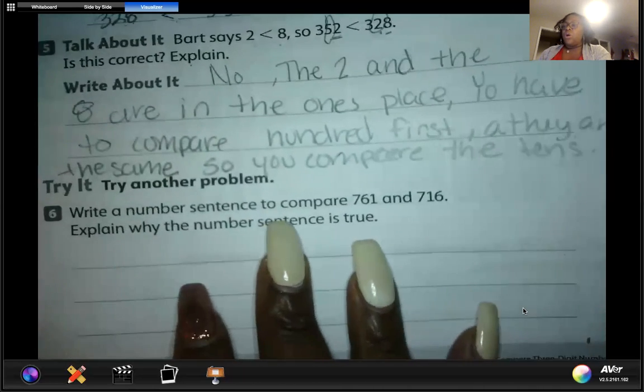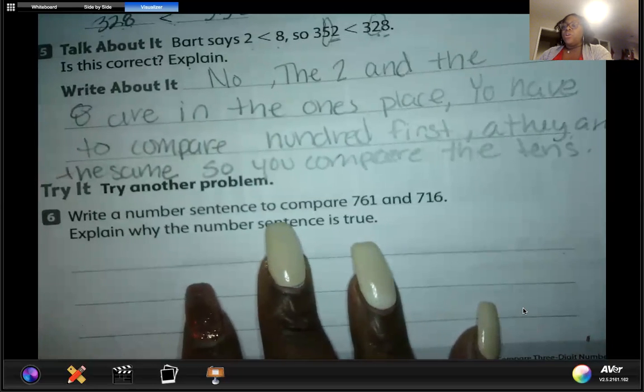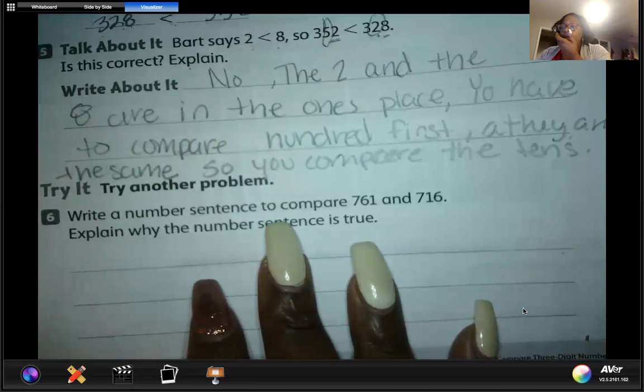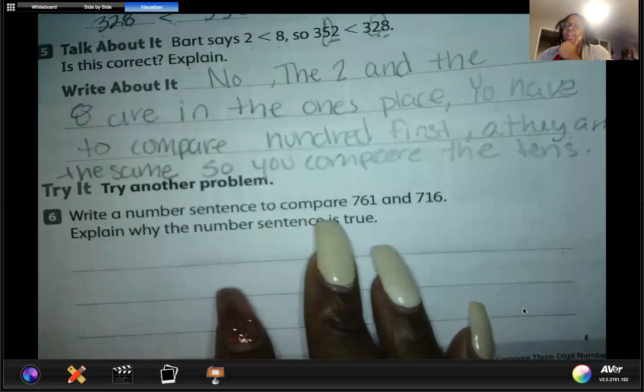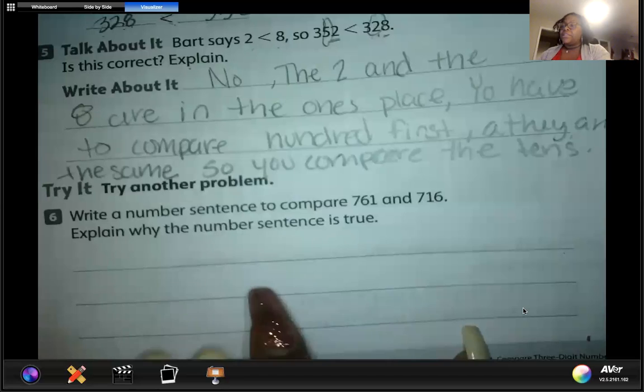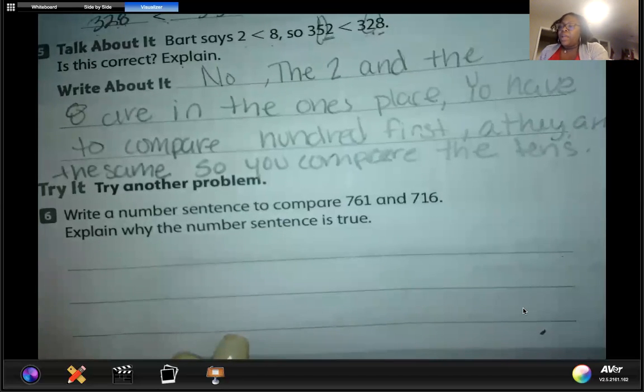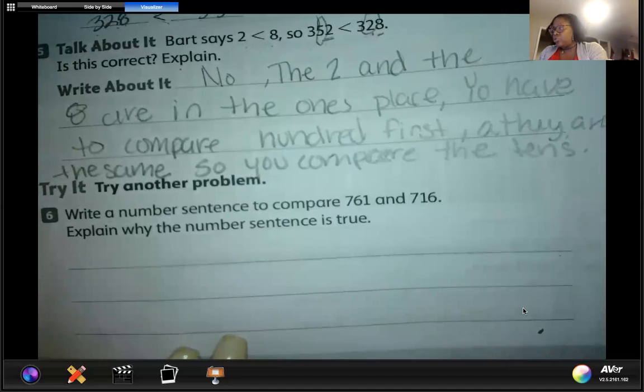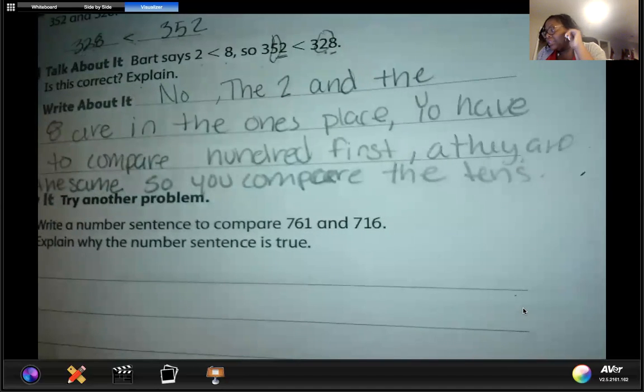So now you're going to go on to the Nearpod slide, put all your answers in, and another thing that you're going to do is do the try it. The try it you're going to do on your own. I'm going to read the question for you. Write a number sentence to compare 761 and 716. Explain why the number sentence is true. So the number sentence could be one number is greater than, less than, or equal to the other number.